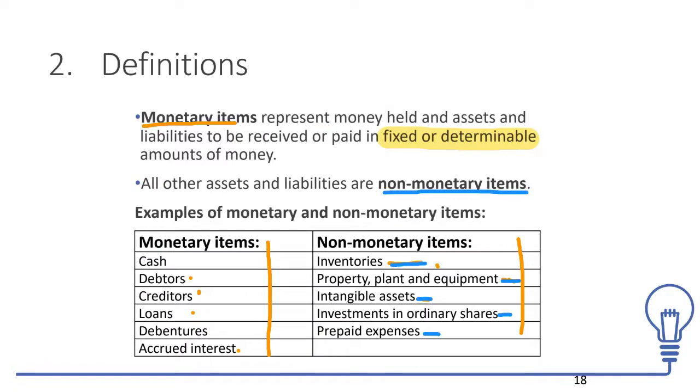Now the slides don't want to load. Everything that I've listed under monetary items are going to be the more popular things that we're going to be dealing with. So cash, debtors, creditors, loans, debentures, and interest. Whereas the other stuff is not as popular. The non-monetary items, you don't need to revalue them at year end. You only need to revalue the monetary items at year end. Okay.